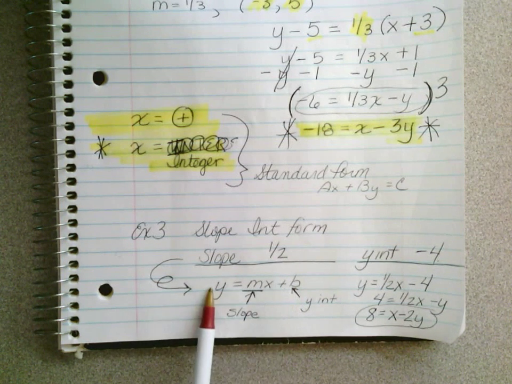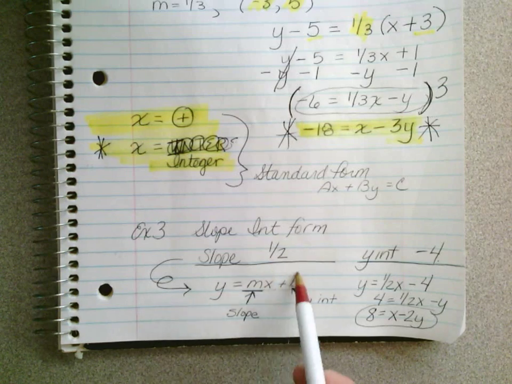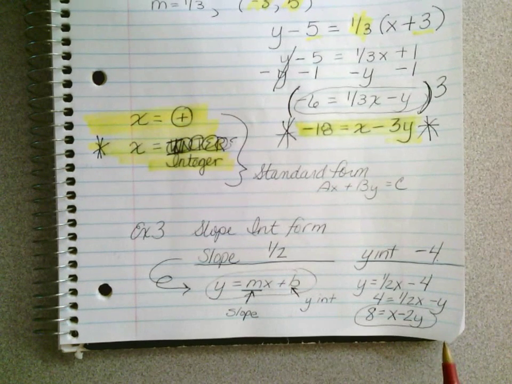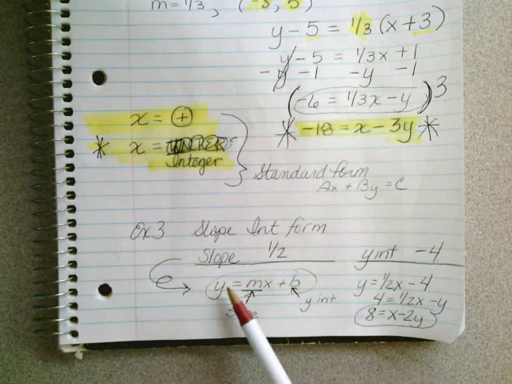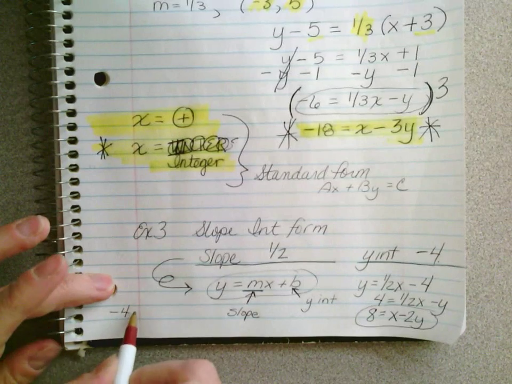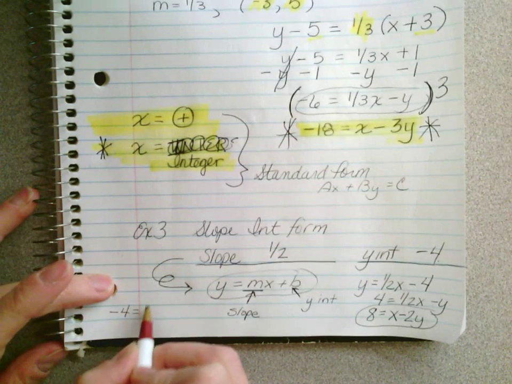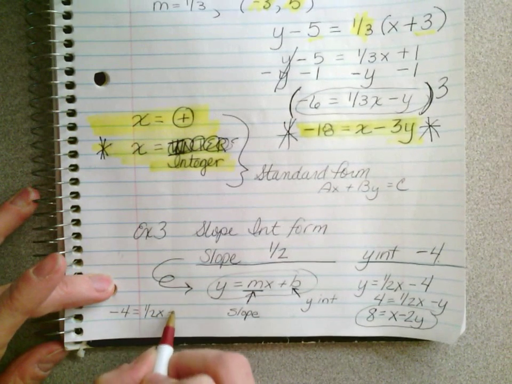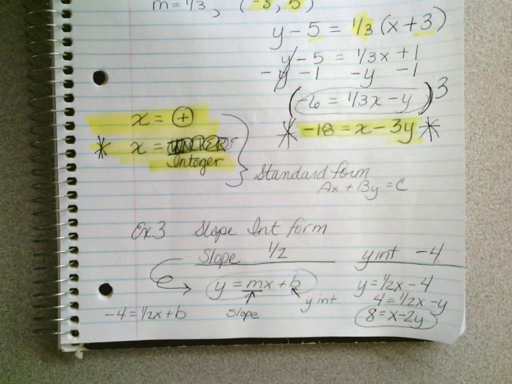When you're solving this form right here, that's just how it is, rather than get into the y's and the how's. And if you maneuver stuff around here and you plug that y value in over here, then what you would have is -4 equals 1/2 X plus B. What's B? Well, it's -4.